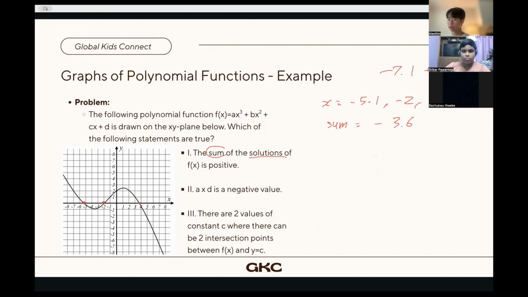That's why we can say the sum of the solutions will be negative, not positive, and therefore statement one is incorrect. Any questions before we move on to other statements? Okay, seems like not, so we'll move on to statement two.